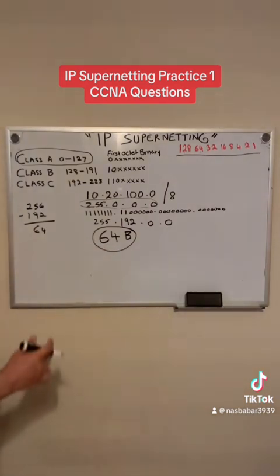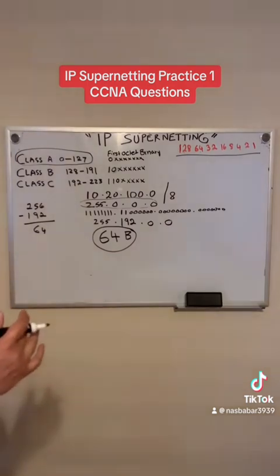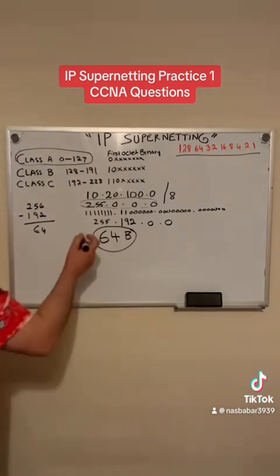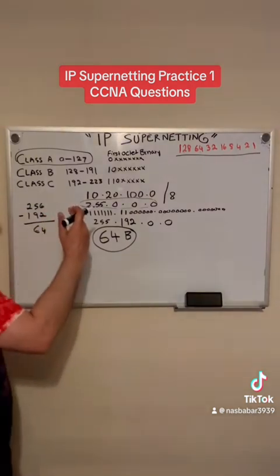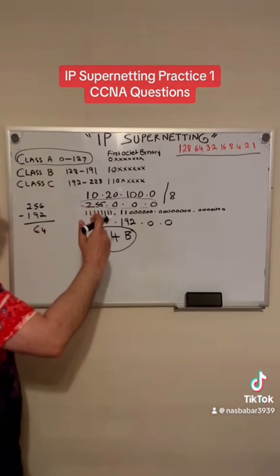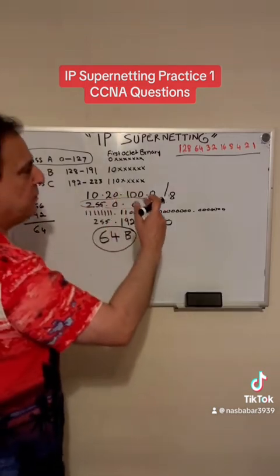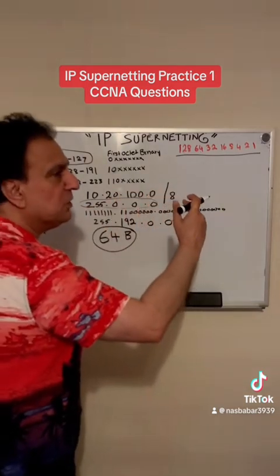Now we need to find out what is going to be our first IP and what is going to be our last IP. As you can see, the range right here is 64. So we have 0 through 63, then 64 through 95, and then from 96 onwards.